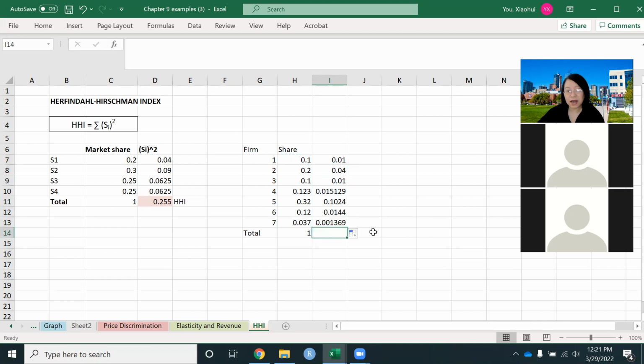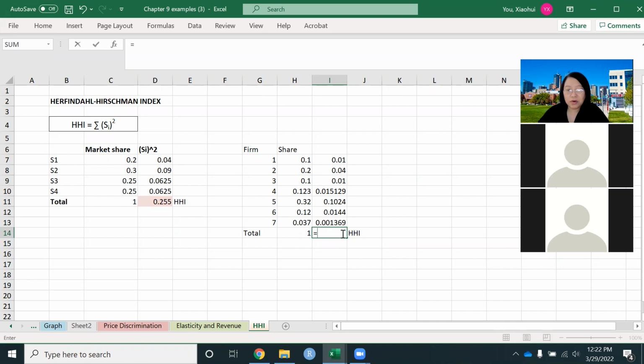So for the HHI, how to do the calculation? Now I ask you guys to do it. I leave it to you. So is this where you write sum and then you add all of the ones from the lines together?